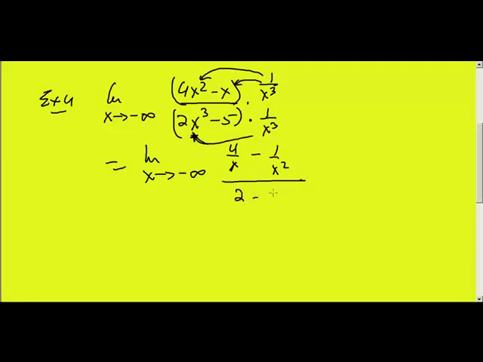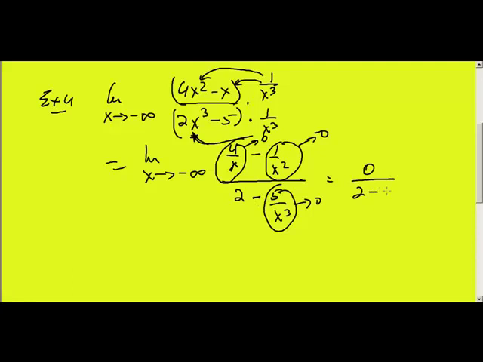Now, when x goes to negative infinity, this goes to 0, and this goes to 0 also, because the bottom is getting really, really big, and this goes to 0. So the top goes to 0, but the bottom goes to 2 minus 0, which is 2. 0 over 2 is 0.